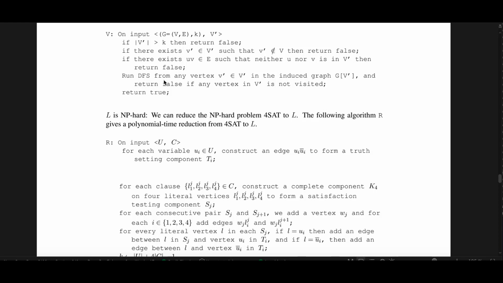Run DFS from any vertex v in V+ in the induced graph G[V+], and return false if any vertex in V+ is not reached, and finally return true.